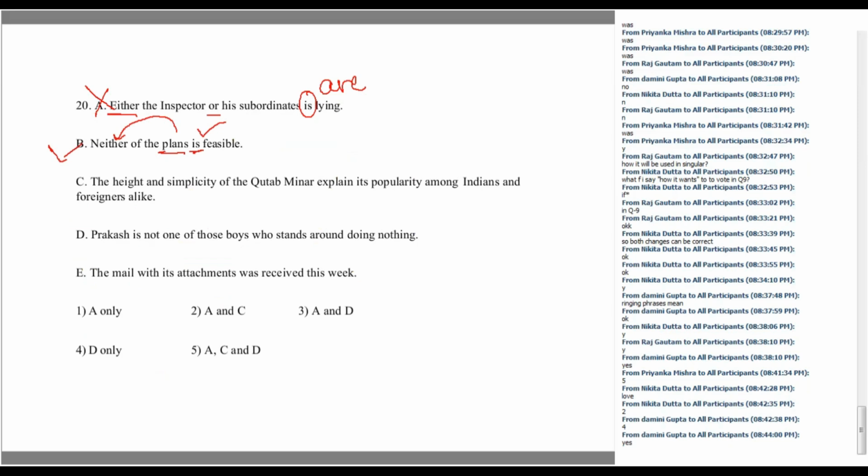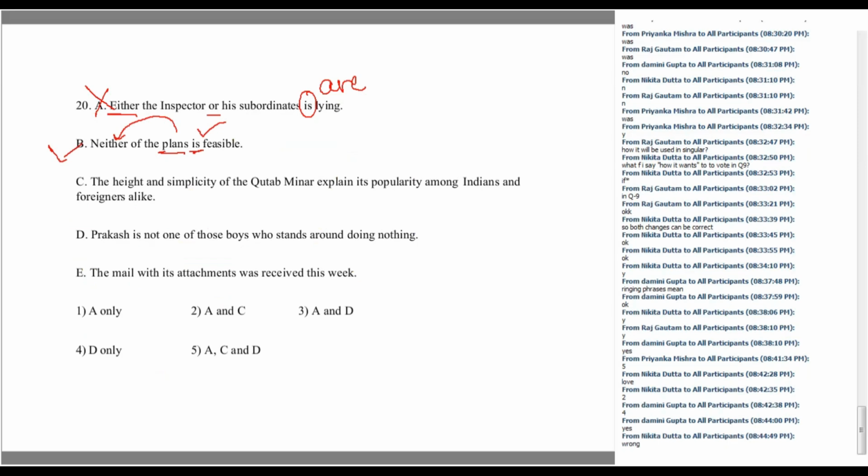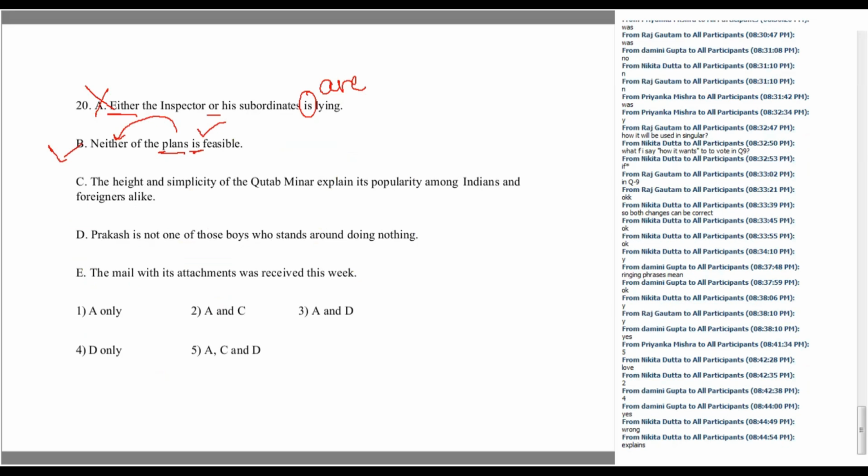The height and simplicity of the Qutub Minar explain its popularity among Indians and foreigners alike. What do you think? Wrong. Why? Because there's an article here.